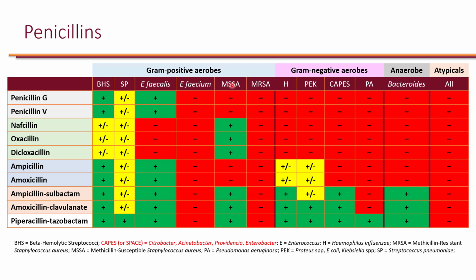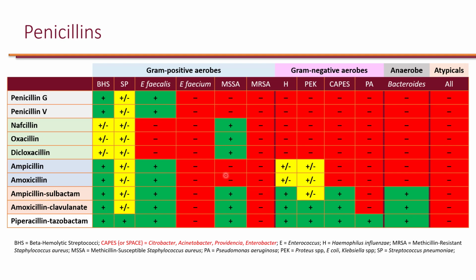Now for MSSA, because MSSA makes penicillinases, these penicillinases break down penicillin, but they cannot break down nafcillin, oxacillin, or dicloxacillin. So nafcillin, oxacillin, dicloxacillin are considered drugs of choice for MSSA. Now those penicillinases can also break down ampicillin and amoxicillin.